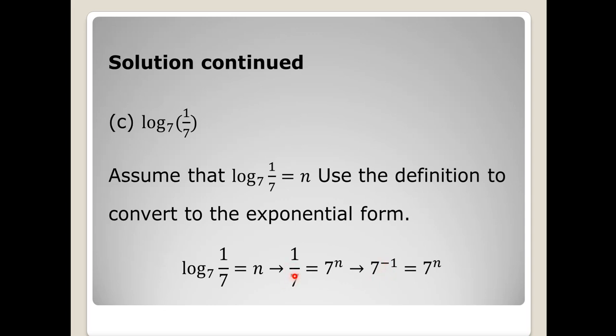If we move 7 from the denominator to the numerator, we have to change the index from 1 to minus 1, because 7 here has a power of 1 in the denominator. So 7 to the power of minus 1 equals 7 to the power of n, hence n equals minus 1. So the log of 1 by 7 to the base 7 is minus 1.